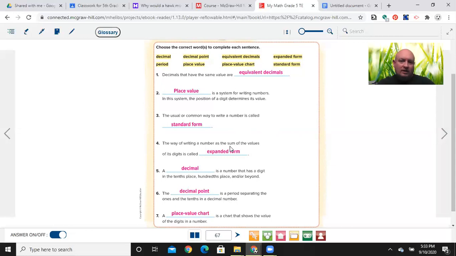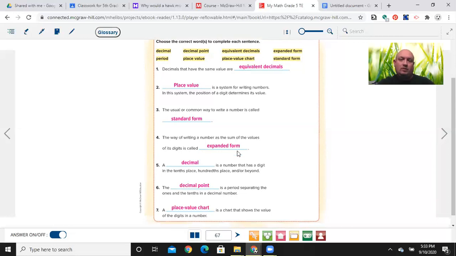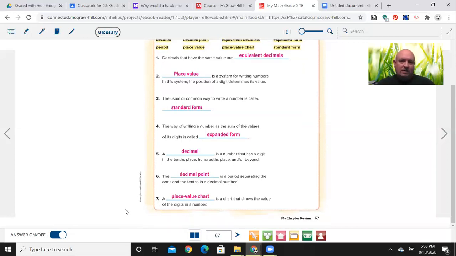4, the way of writing a number as the sum of the values of its digits is called expanded form. This is where you get 3 times 10 plus 1 times 1 plus 3 times 1/10 gives you 31.3. That's what we're working on here. 5, a decimal is a number that has a digit in the tenths place, hundredths place, and/or beyond.